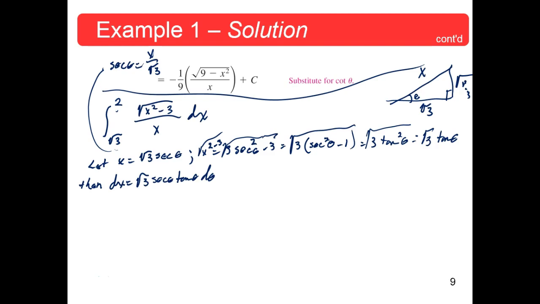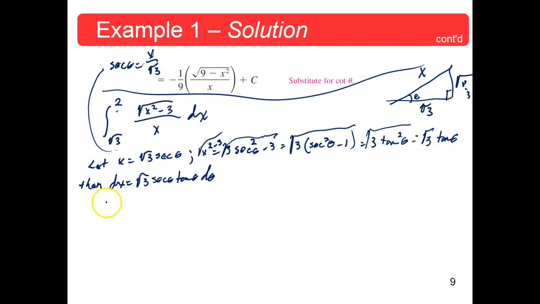Where is secant theta equal to 1? Okay, multiple choice, huh? 0, you're right. Because remember, secant is 1 over cosine. Cosine is 1 at 0.